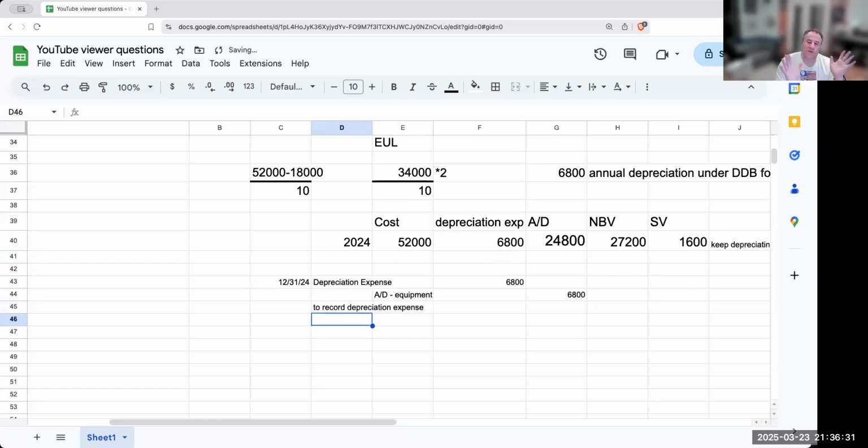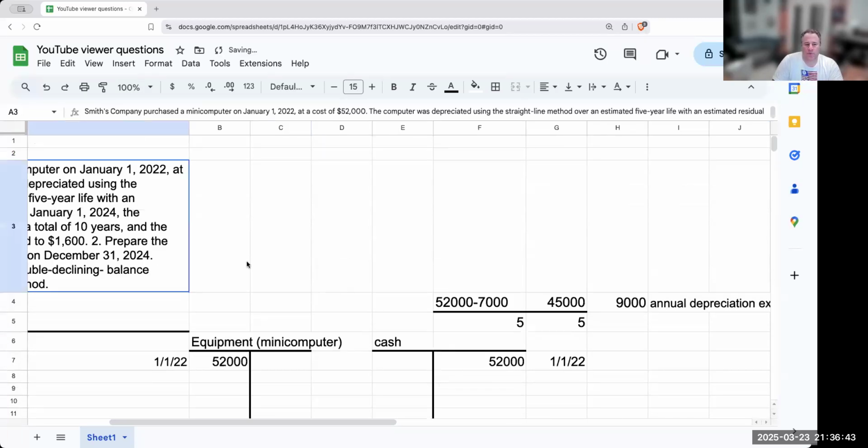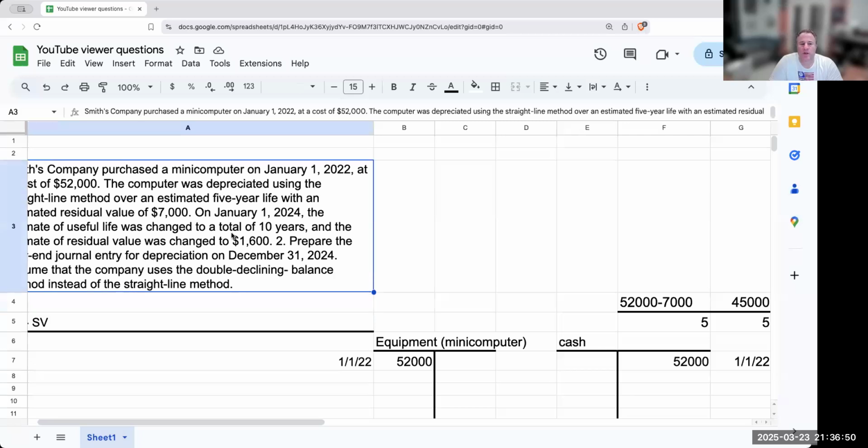Now, when I look at this question again, there's a lot of different ways this thing could go. If you had 34,000 divided by 8 multiplied by 2, and this is the lawyer in me, I probably look into these things too much. But if it was 10 years, is this 10 years from January 1st?